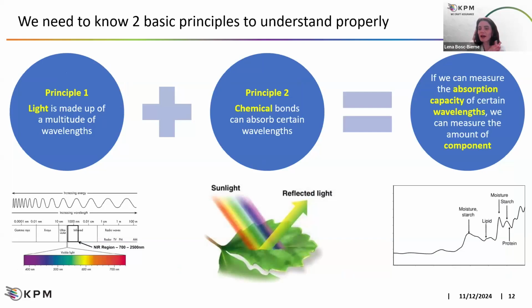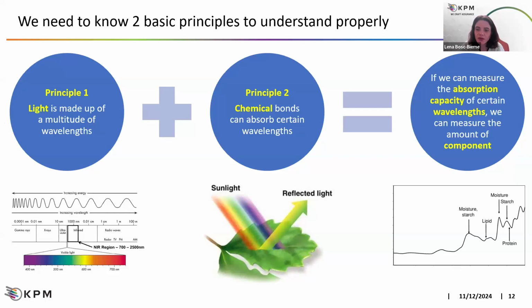So let's start with NIR. To understand NIR, this is not very complicated. We just need to know two basic principles. The first principle is that light is made up of a multitude of wavelengths, many different ones composing the spectrum of what we can see and what we cannot see, actually.